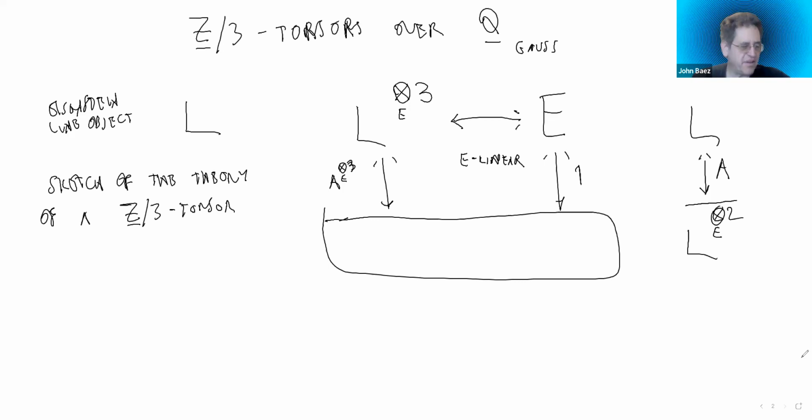I'll leave it at that. So anyway, you've got this sketch of the theory of Z3 torsors over the rationals.